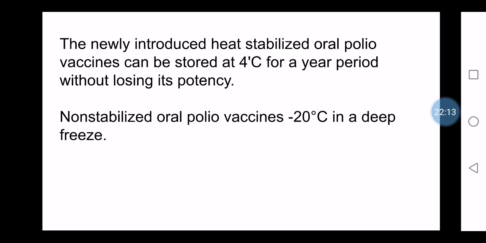Non-stabilized oral polio vaccines have to be stored at minus 20 degrees Celsius in a deep freezer. So these are some of the new technological aspects of oral polio vaccines.